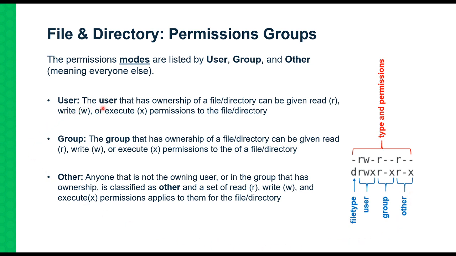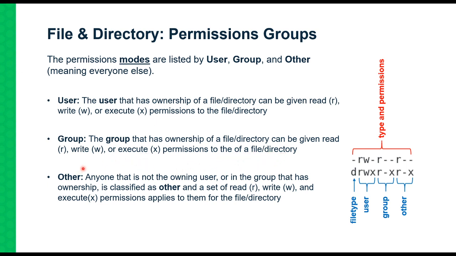So the user that has the ownership of a file or directory can be given the read permission, the write permission, or the execute permission to the file or the directory. Then when we look at the group permissions, the group that has ownership of a file or directory can be given the read, write, or execute permissions to the file or directory.